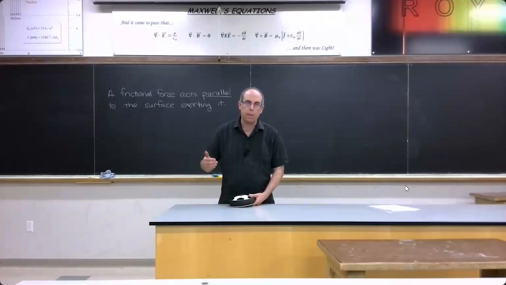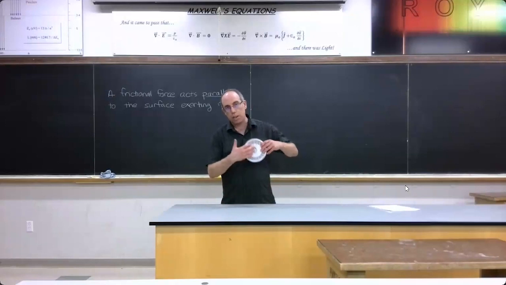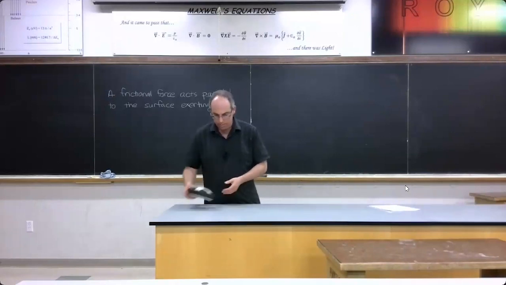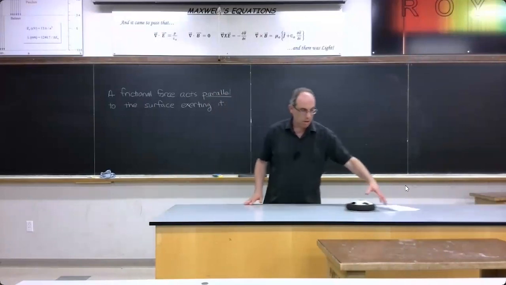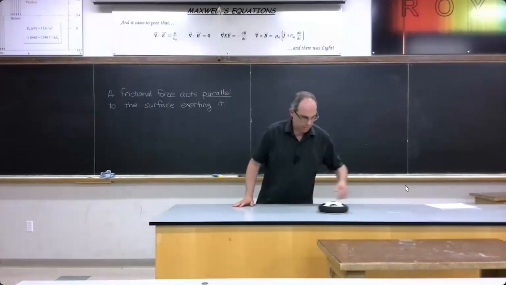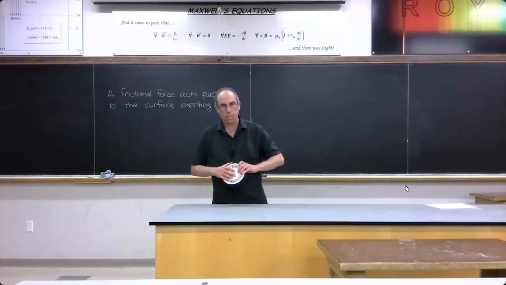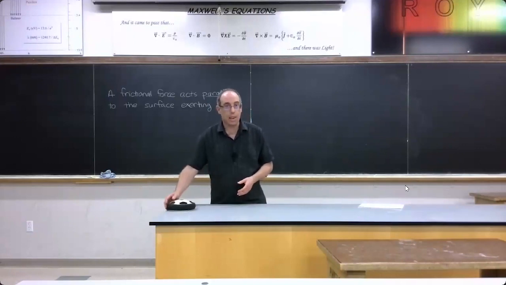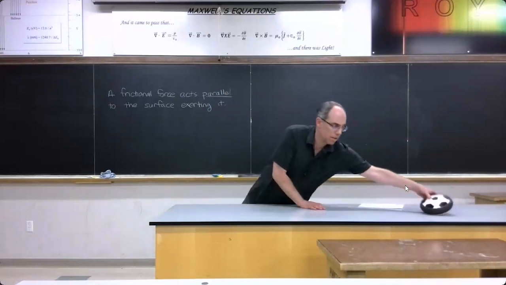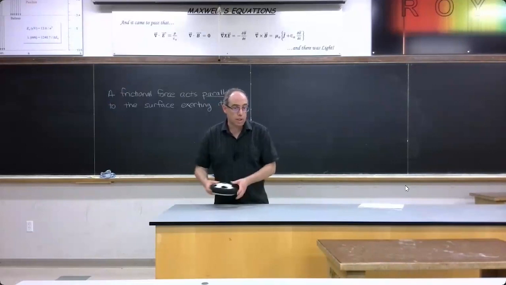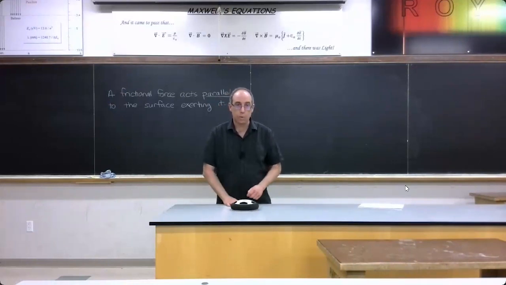Now I'm going to repeat the other experiment from the previous video, except again, I'm going to have the air turned on so that no friction will be present. Okay, again. How is this experiment in the absence of friction different from the previous experiment where friction was present?